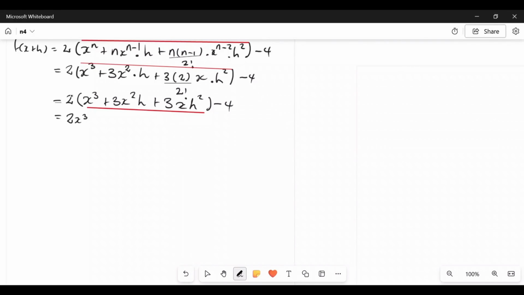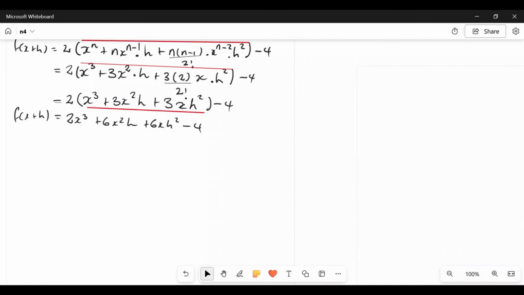If you multiply this 2 with this one here, which is 3x squared multiplied by h, this is going to give us plus 6x squared h. If you multiply the very same 2 with another 3x h squared, this is going to give us plus 6x h squared, minus 4, the 4 that we had there.